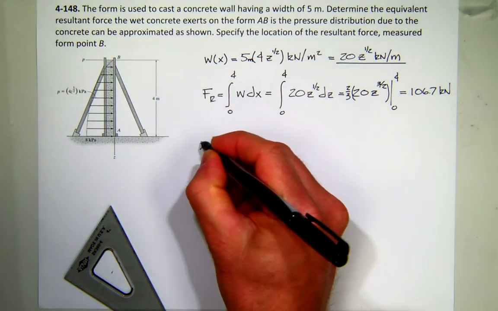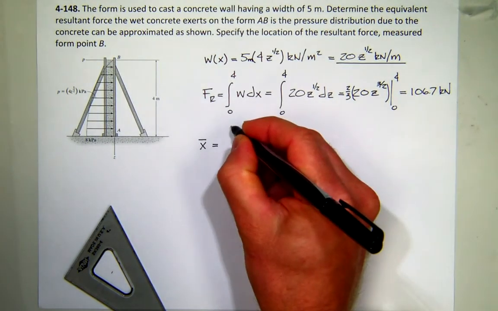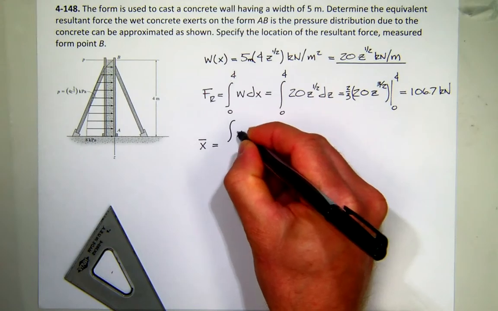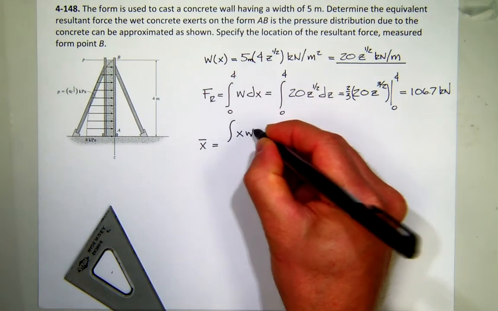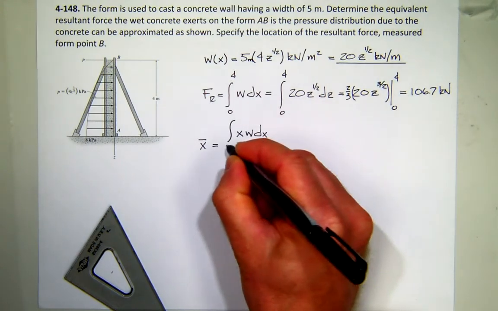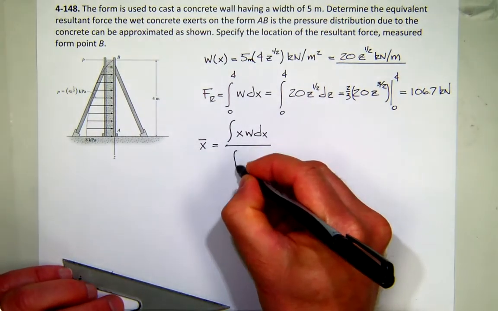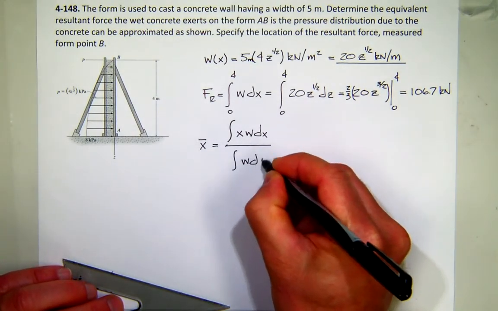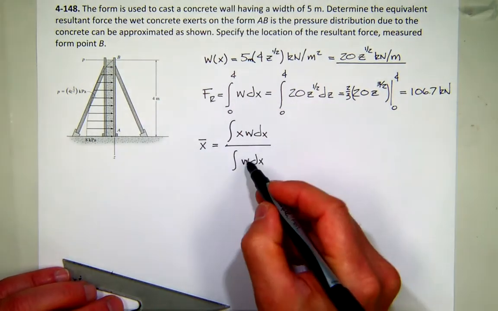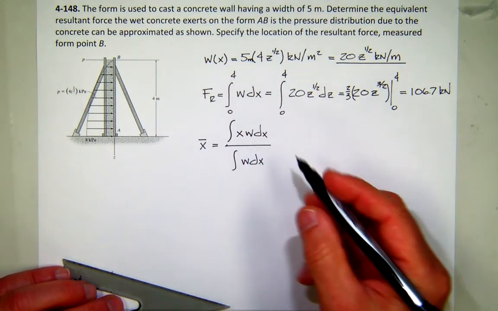Now, our definition for its location, if you remember, was the integral of x w dx over the integral of w dx. Well, that's just what we've done. We have the denominator. We just need to do the numerator.